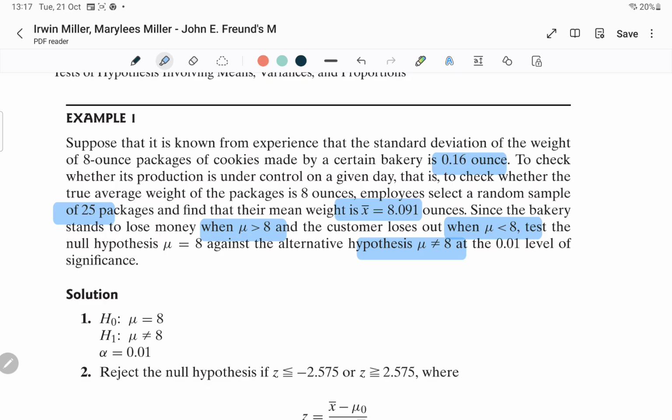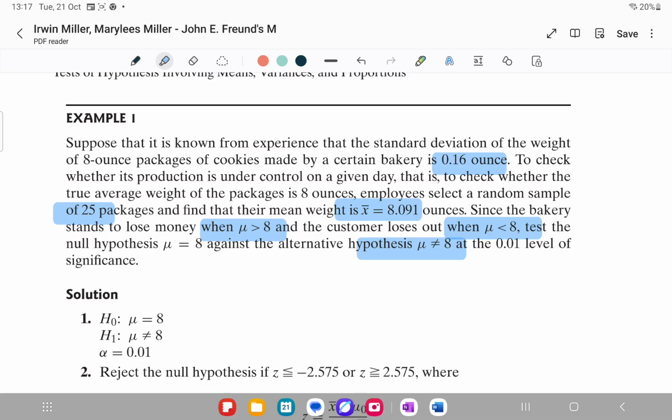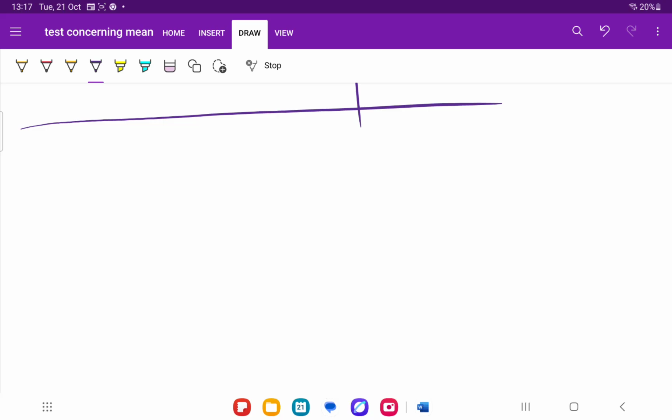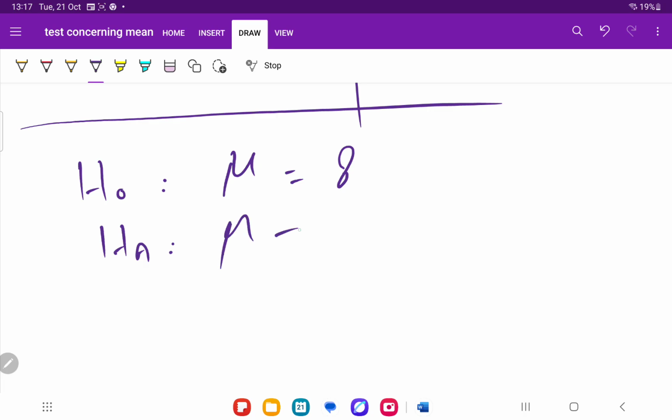So simply, the first step is to write the null and alternative: mu is equal to 8 and mu is not equal to 8. That is to be tested.